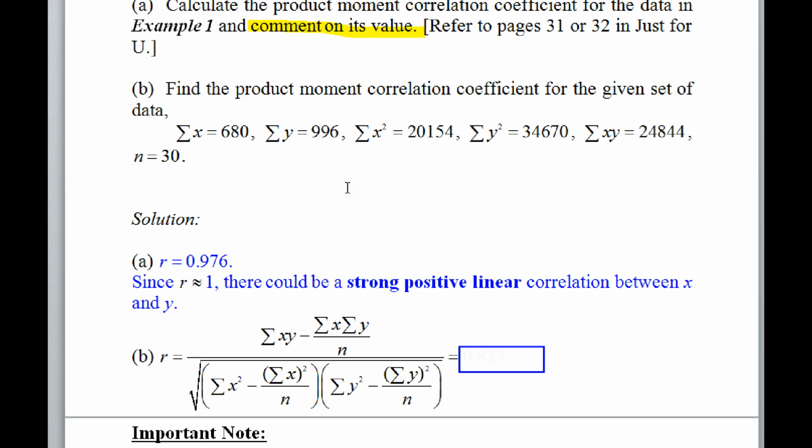Since R is approximately equal to 1, it could be a strong linear correlation between X and Y. Strong positive linear correlation. All right?